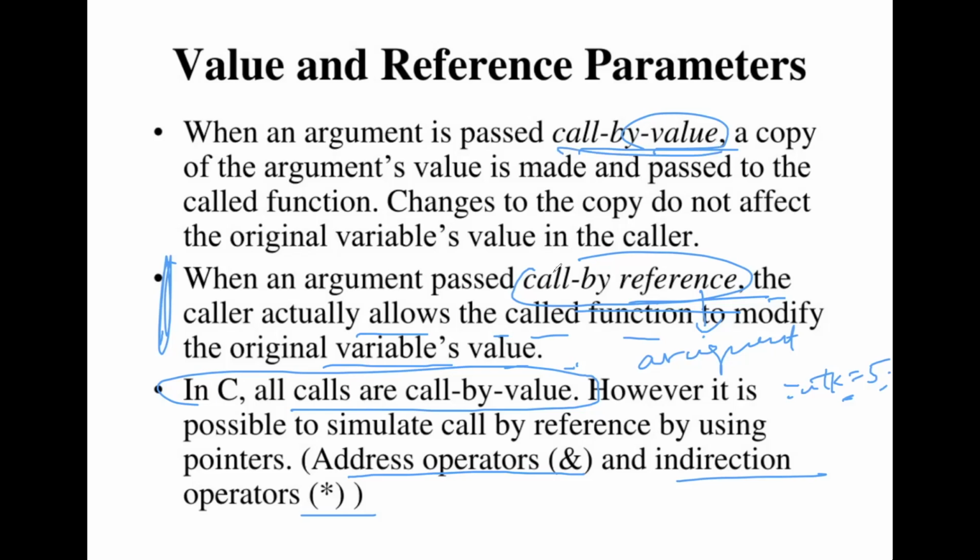Just a quick review: if you're to pass an object by reference into a function when you invoke it, we must use the address operator, or the address of that object. Or we can use the indirection operator, as in dereference that pointer to get to the object's value. Whenever that object is involved as an argument in a function invocation, that variable is passed into that function by reference.